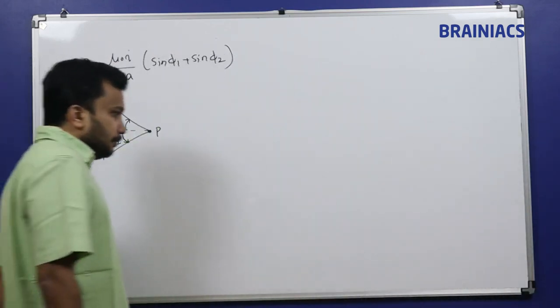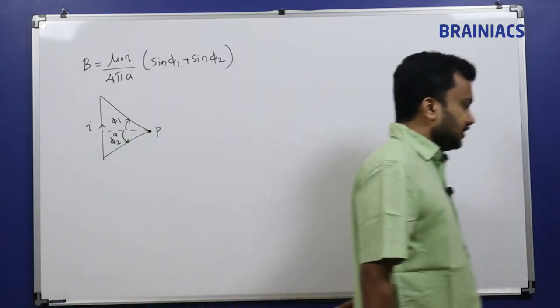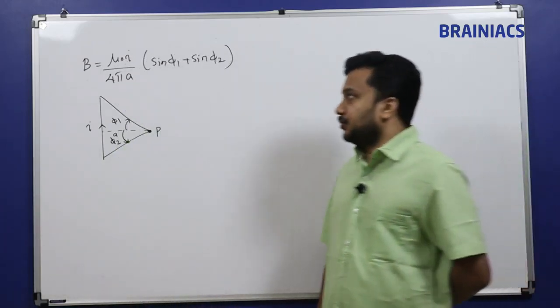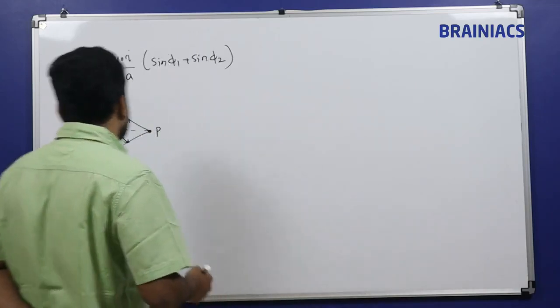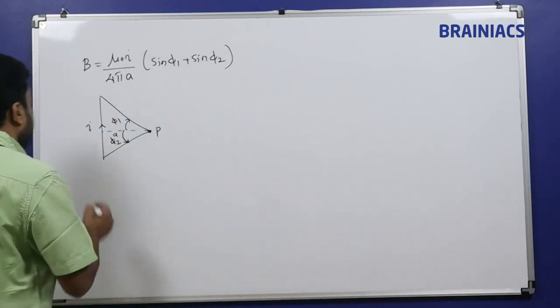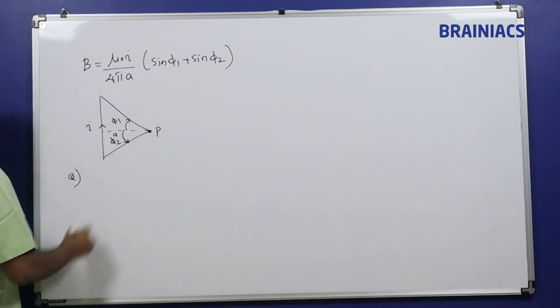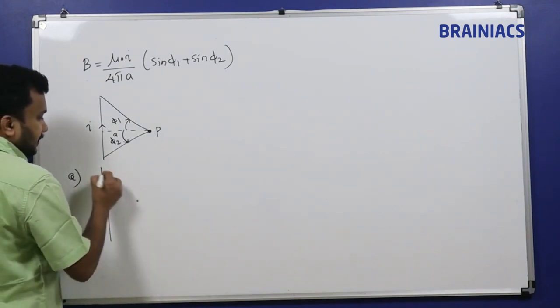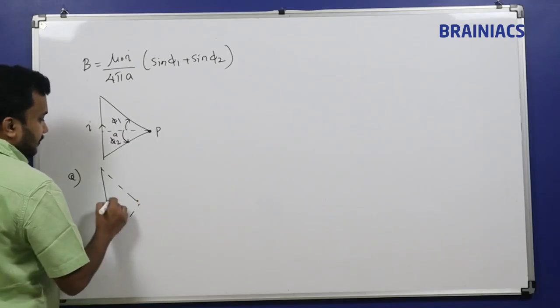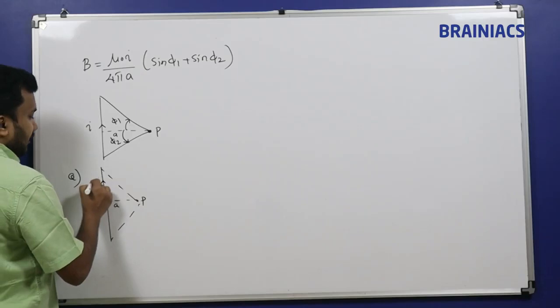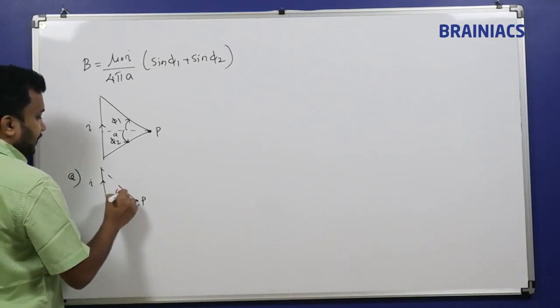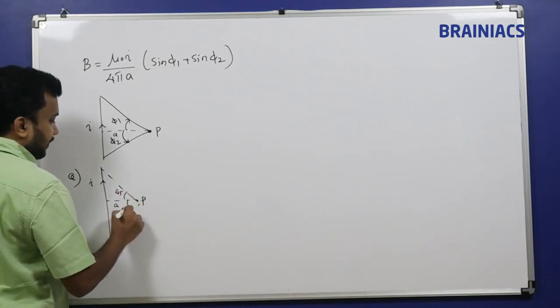Now we will see some problems, some numericals, to see how we can apply this law in practical situations. So let's move to the first category of question. The first question is this: a current carrying conductor at a distance of A meters away, carrying a current of I, and this angle is 45 degrees and this is 45 degrees.